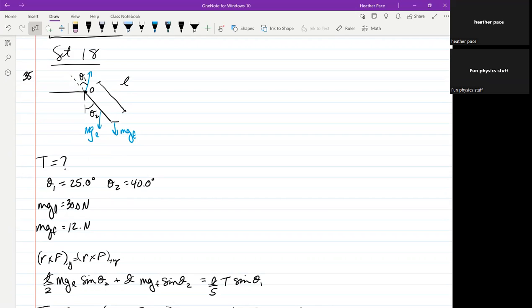Find T when the tendon is at an angle of 25.0 degrees with the tibia, assuming that W equals 30.0 N, F equals 12.5 N, and the leg is extended at an angle of theta equals 40.0 degrees with the vertical. Assume that the center of gravity of the lower leg is at its center and that the tendon attaches to the lower leg at a point 1/5 of the way down the leg.